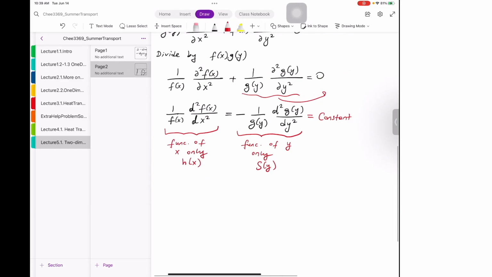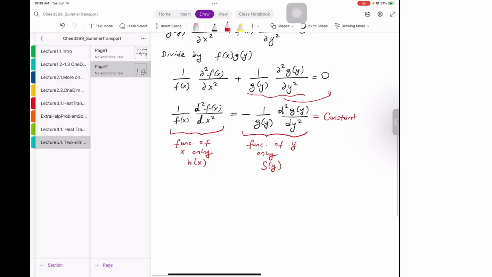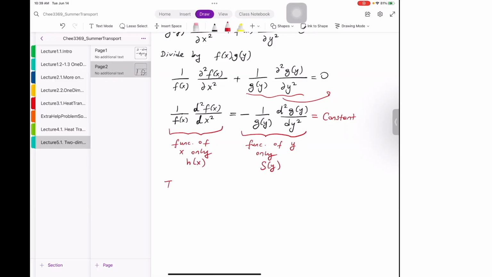Okay. And we know that it matters whether it's a positive or a negative constant. And you can actually try two things. You can say the constant is, let's check, or maybe try, is the constant positive or negative.